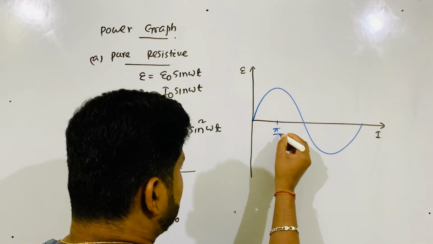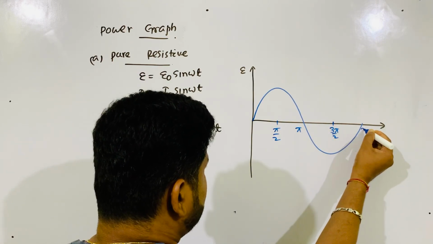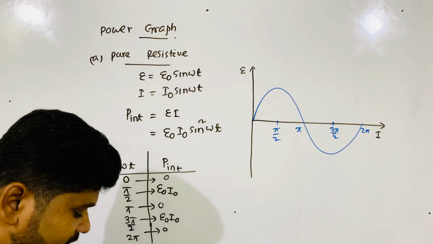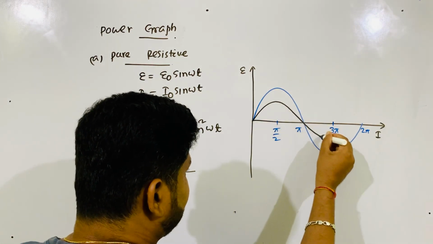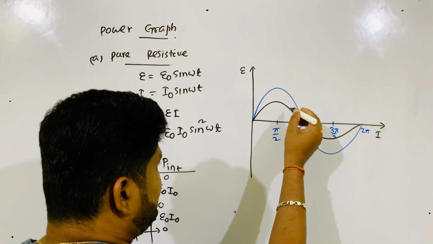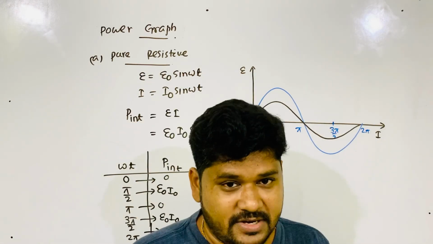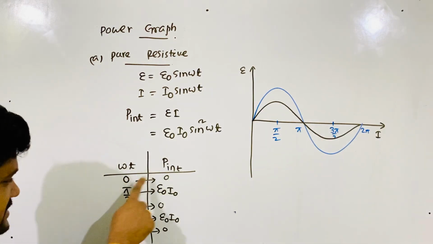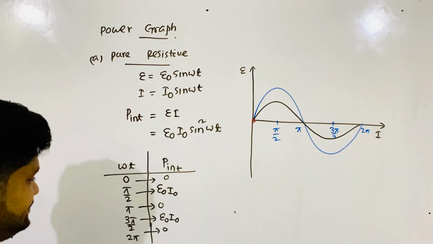This is pi by 2, this is pi, this is 3 pi by 2, this is 2 pi. This is the EMF line. Now let's draw current. Current is this, a little below EMF. Then power. Now let's see. Let's put the points for power. 0, 0, right?